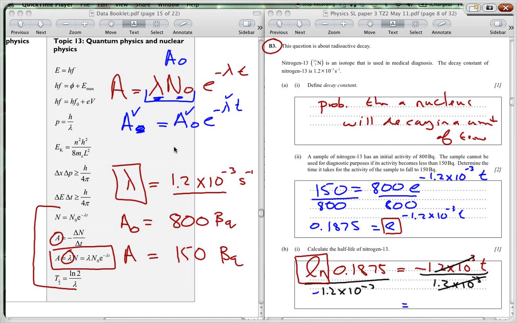So your time, in seconds, will be 1395 seconds. We can divide that by 60 if we require. Now you see here that you're given all of these to two significant figures, one significant figure. So I could write that as 1400 seconds would be correct there.